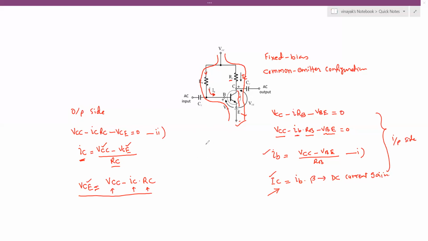Now, in order to operate this circuit as a class A small signal amplifier, where you actually apply an input signal and you get an output signal with a gain that is amplified, you have to make sure your transistor is operated in the linear active mode.